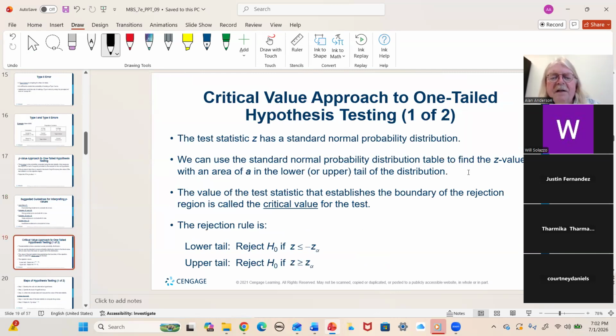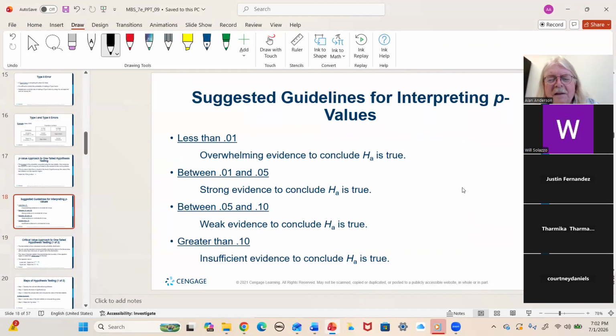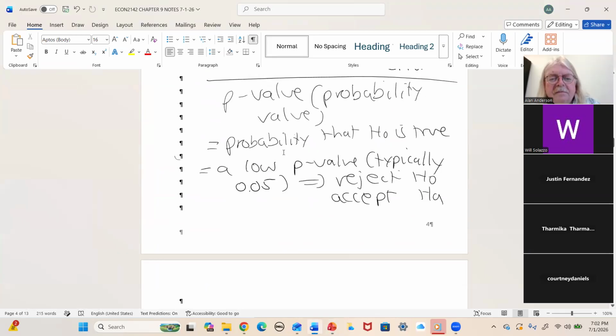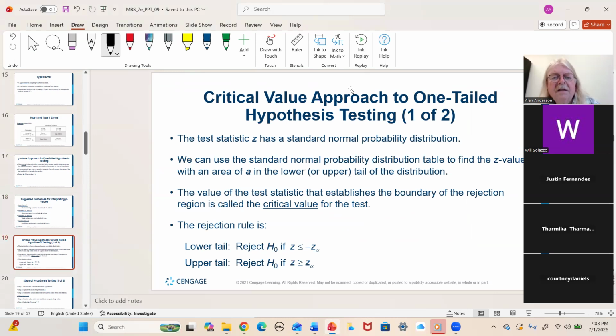We'll get back to this, but I think there's something wrong with this table. Normally a low p-value means we reject the null, and so I think they got it backwards here. But anyway, let's jump on to here now.